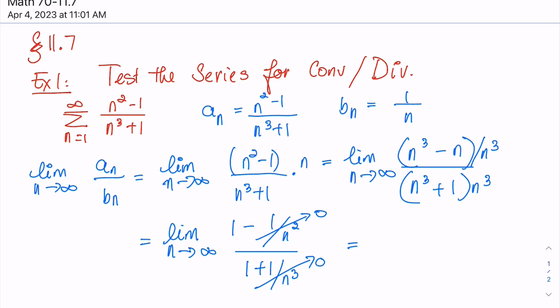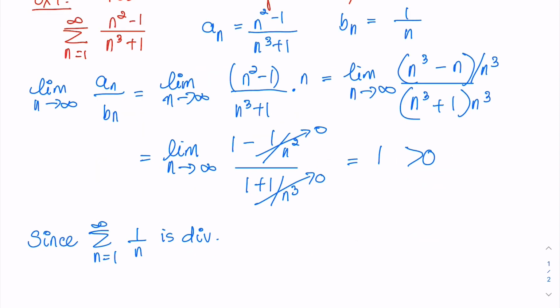Therefore, the limit is 1, which is greater than 0. Since 1 over n is divergent because it's a harmonic series, our current series is divergent as well.